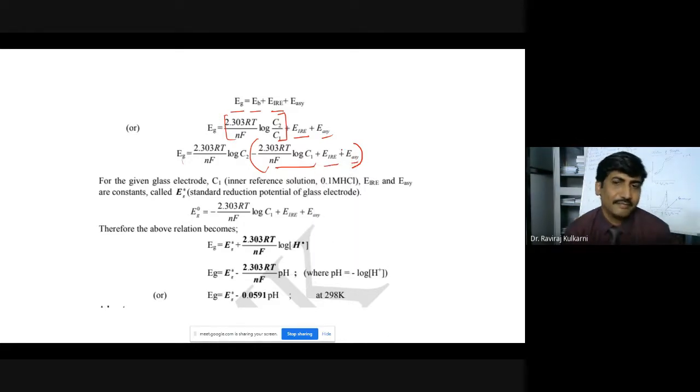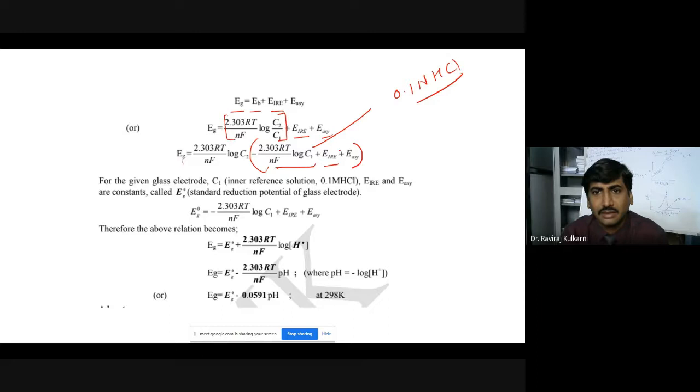So you just see, these all the three are constants because we are using what? C1 is what? 0.1 N HCl. It's a constant. Internal reference EIRE, okay, glass electrode potential for 0.1 N chloride ions, it's a constant. How much it is?